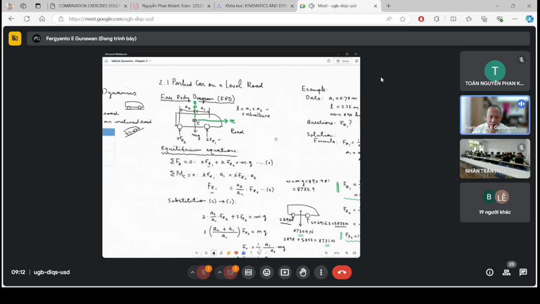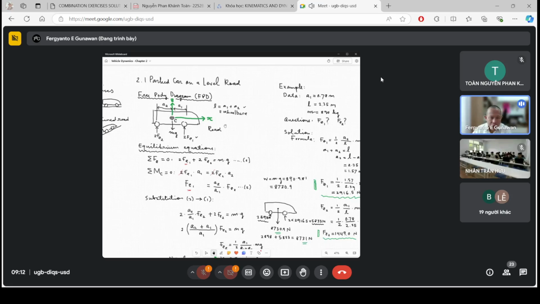We solved this problem very easily by using a free body diagram where we draw a simple model of vehicles, including the axis of X and the axis of Z, the location of the center of gravity and the gravity forces, the normal force on the front wheel and the normal force on the rear wheel, and also the distance between the center of gravity to the front tires and to the rear one.